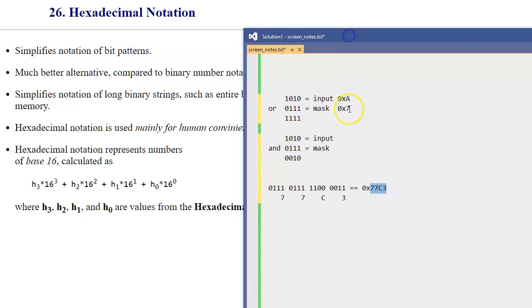I have no plans to use hexadecimal notation for doing any computation. It is primarily just for the convenience of replacing long bit patterns with the hexadecimal equivalent.